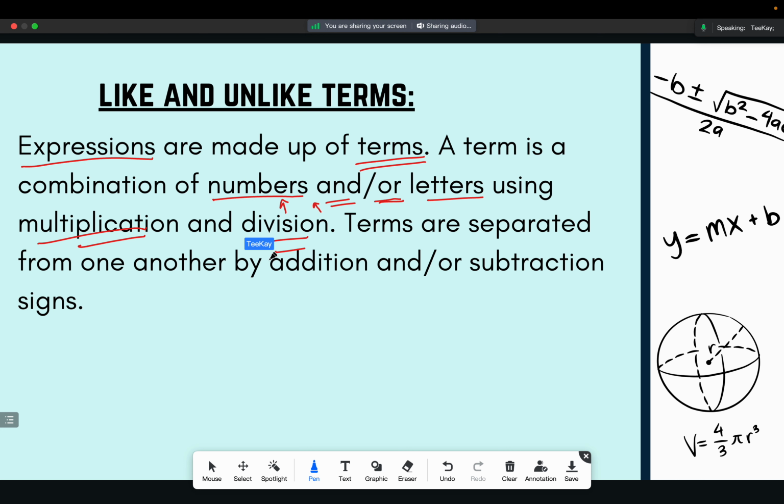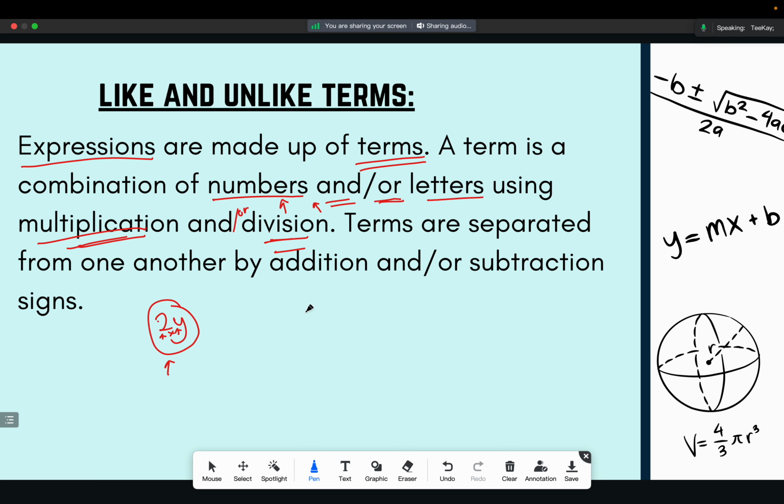So now let's have an example of terms. If you remember, we have an example like this: 2y. This is a term because we have a number multiplying a letter. So here we have multiplication and division. This is and or, because you can choose any. It doesn't have to be all of them.